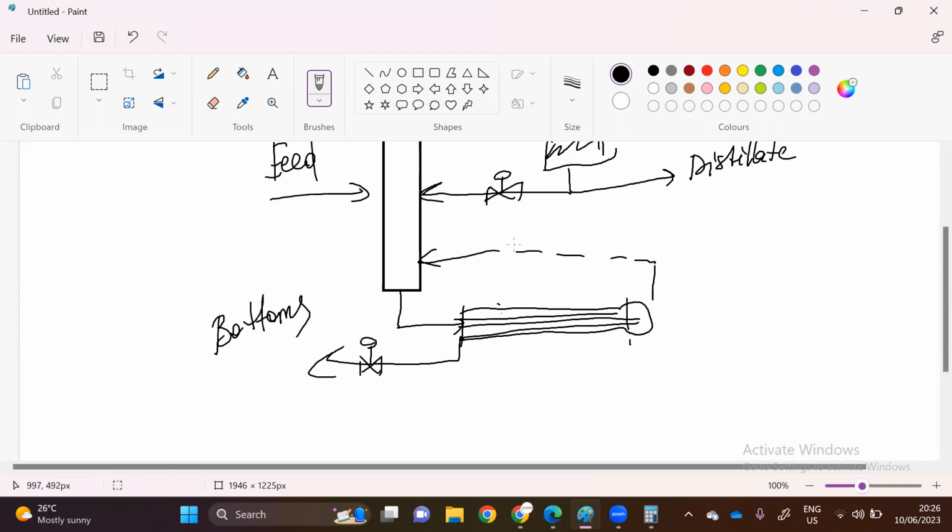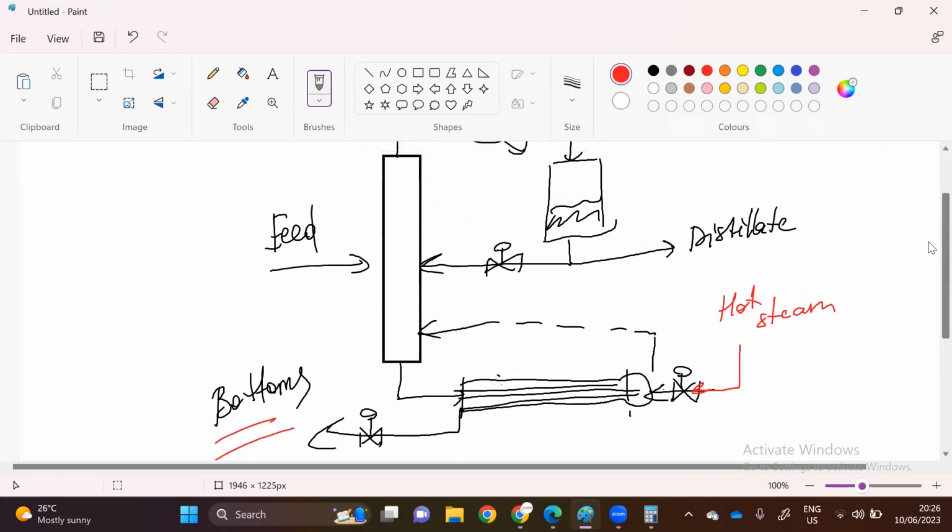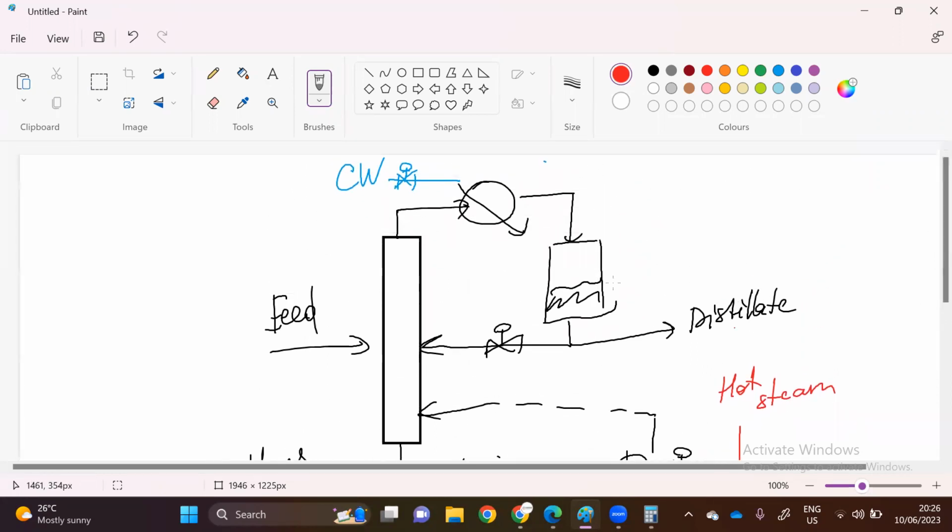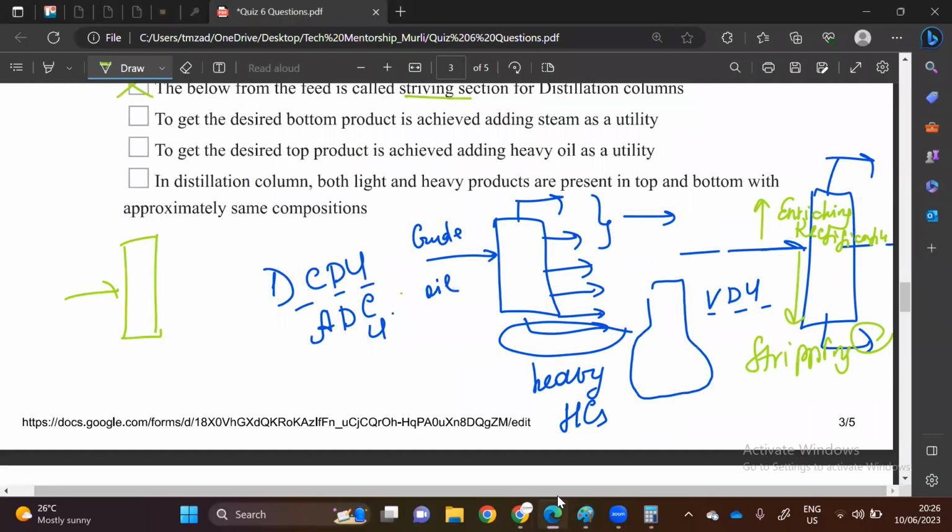And additionally, we need to give some heat to the system, and it will be done with the help of hot steam. So in order to get the bottoms product, we need to add hot steam. In order to get the distillate product, we need to add cooling water as a utility to the condenser. It said that to get the desired bottom product, achieve adding steam as utility.